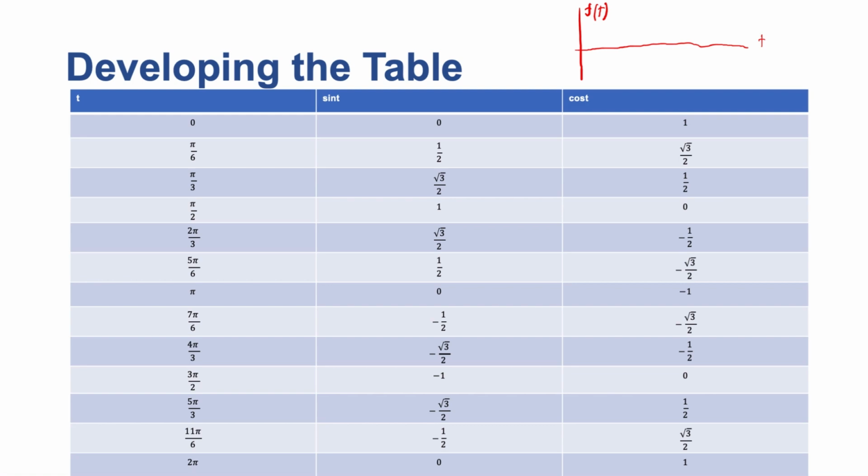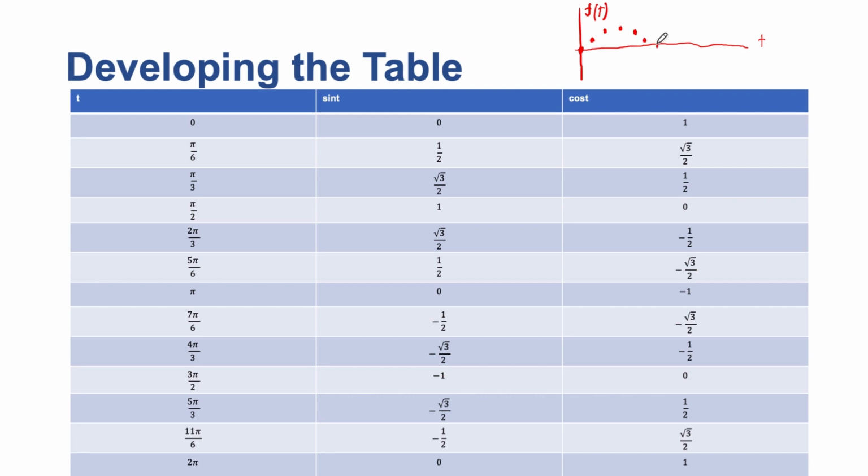So at 0, I have a sine value of 0. So 0, 0. And then at pi over 6, I get 1/2. And then at pi over 3, I get root 3 over 2. And then at pi over 2, I get 1. And then I get root 3 over 2 again. Then I get 1/2.